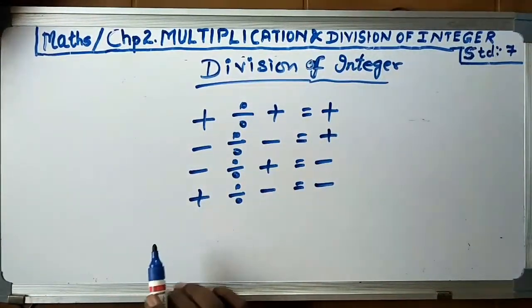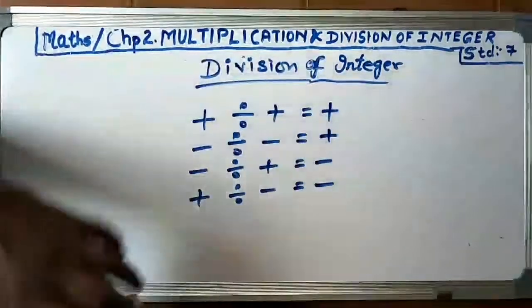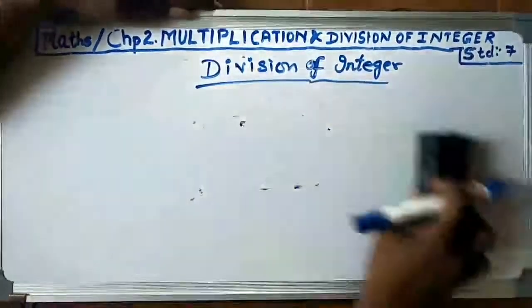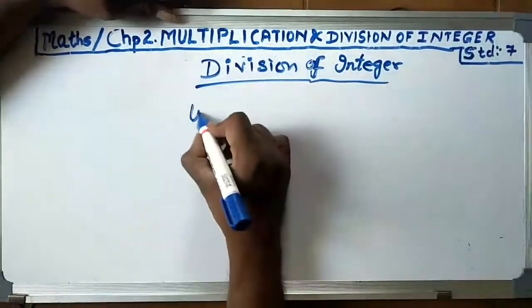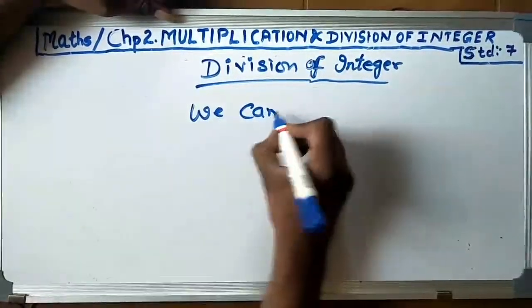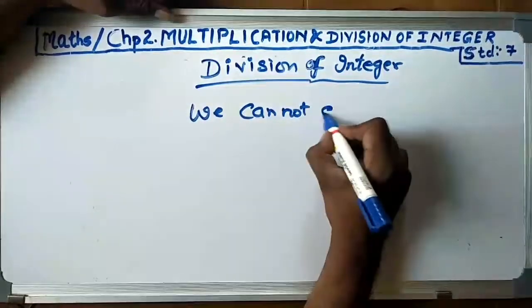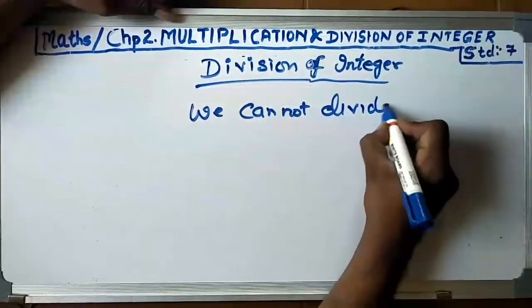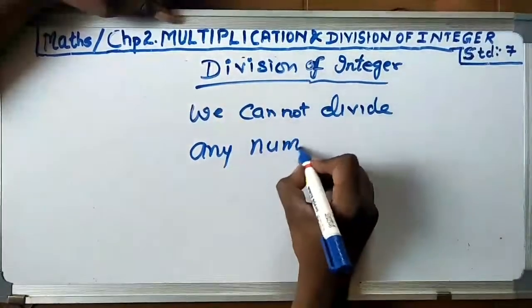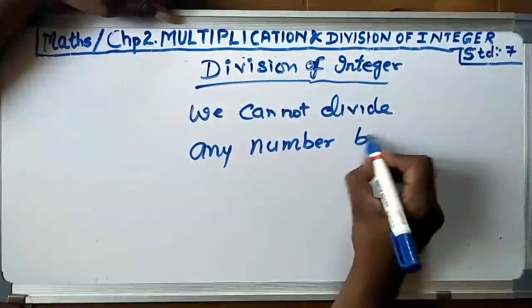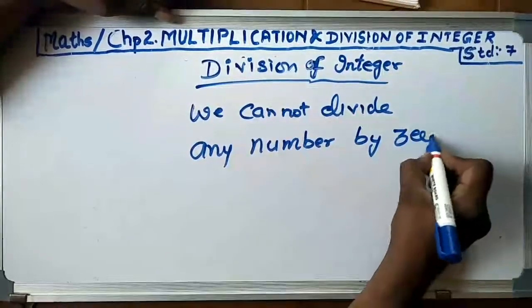Now let us do some examples and try to solve some sums. But before that, there is a rule you should know: we cannot divide any number by 0.